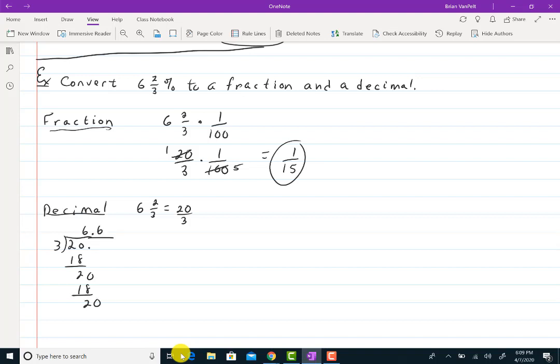And I think you see where this is going. I'm going to get 6's on forever and ever. So this is 6.6 bar percent. Now if I want to change that to a decimal, I will move this to the left 2 places, and we'll end up with 0.066 with the bar on it.